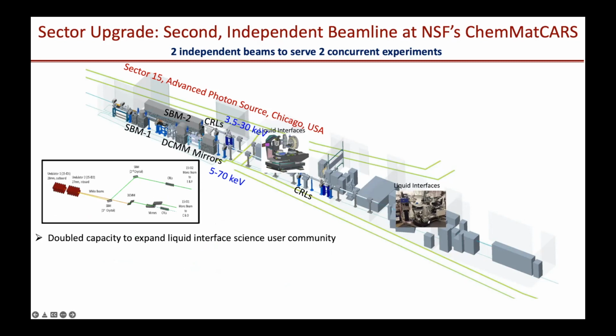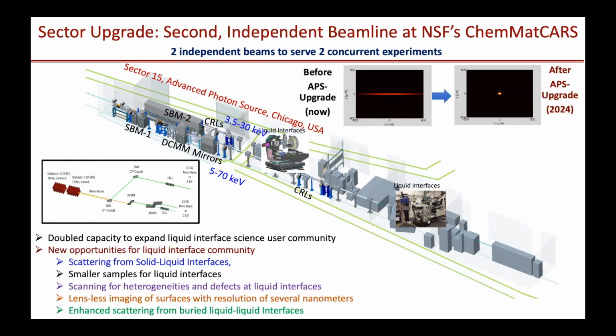The straight line will still have 40% of the beam time, but at the canted undulator we'll have 50% of the beam time for liquid interface experiments, and we're going to order this double deflector diffractometer, which Bridget and Tom pioneered. We can also provide new opportunities for the community after the upgrades.